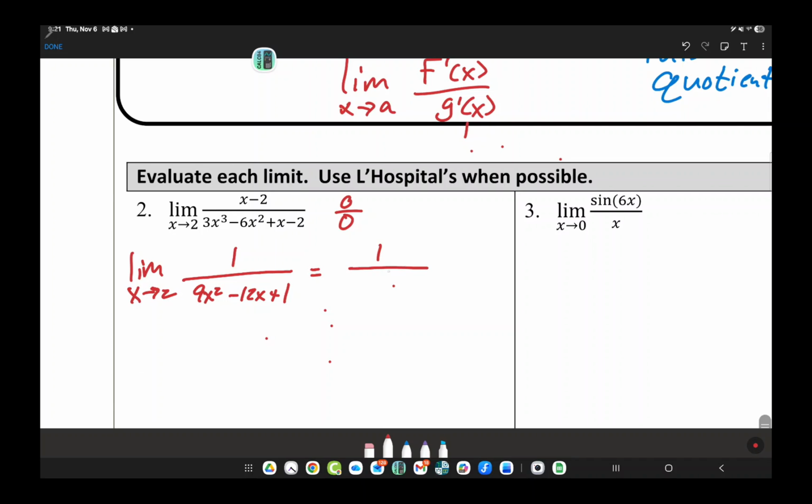That gives me 1 over 9 times 4 minus 12 times 2 plus 1, which is 1 over 36 minus 24 plus 1, which is 1 over 13.